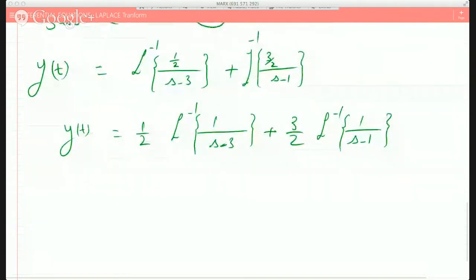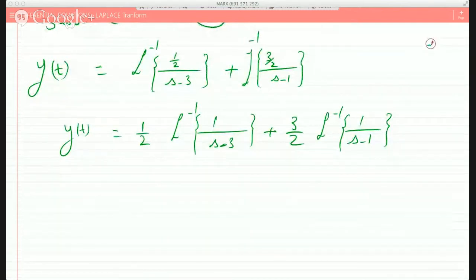And if you look in the table, the inverse Laplace of 1 over s minus a is e to the at. So this becomes half e to the 3t.